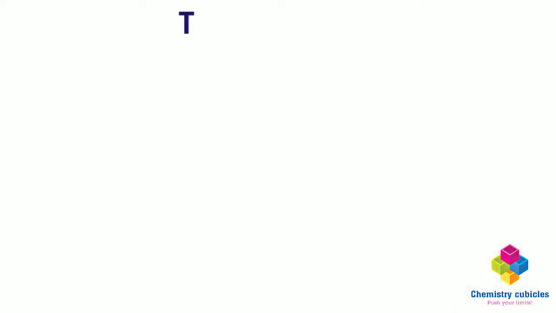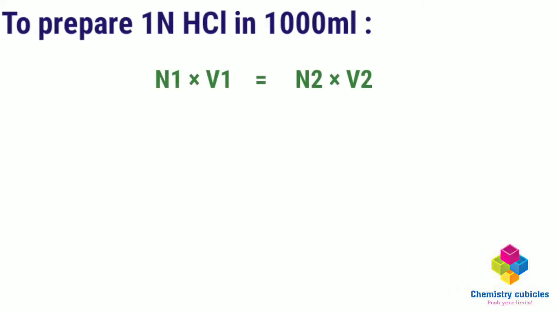With the help of this formula, N1V1 is equal to N2V2, we can easily make HCl of any given normality. Now let's suppose we have to make hydrochloric acid of 1 normal in 1 liter. We can easily find out the volume V1 which we require to make 1 liter of 1 normal HCl solution.